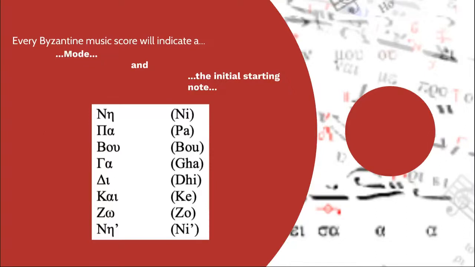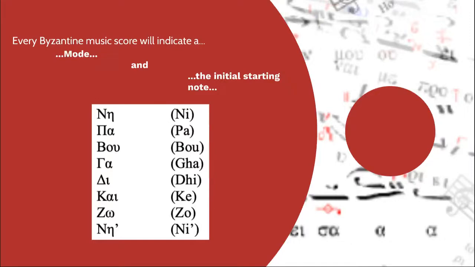For the purposes of learning our notes, we are going to begin with a plagal of the fourth mode, which has a bass note ni. I will sing the diatonic scale from the note ni up the entire octave so we can hear how this sounds. You can follow along with the chart of paralahi. Ni, pa, vu, ga, di, ke, zo, ni.